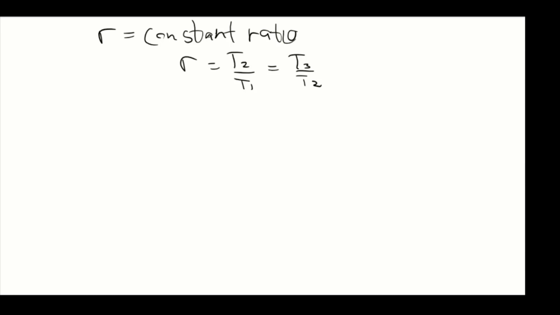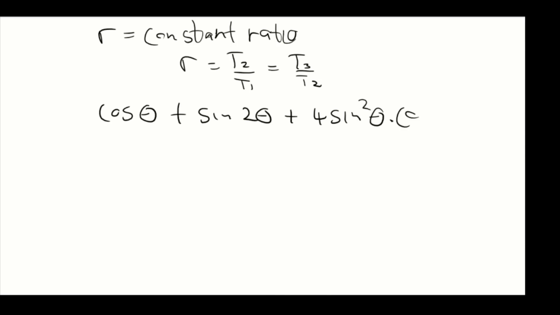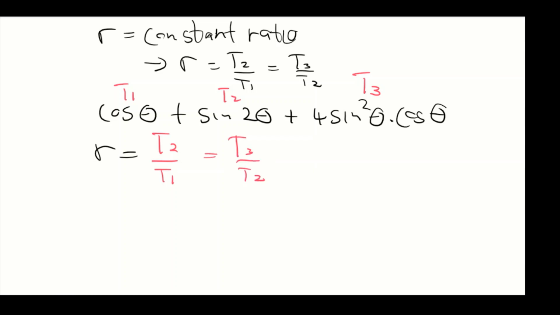So in the problem here, we are given cos of theta plus sine of 2 theta plus 4 sine squared theta multiplied by cos of theta. So as I said, we're going to use this formula here of our constant ratio. So constant ratio is equals to, so this would be our first term, this would be our second term, and this would be our third term. So T2 over T1 is equals to T3 over T2.